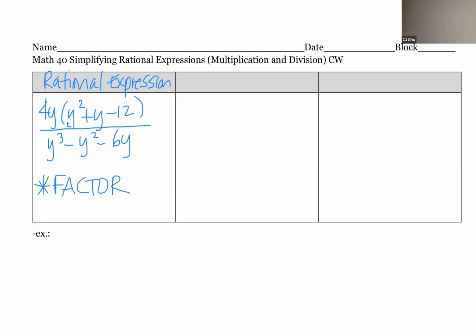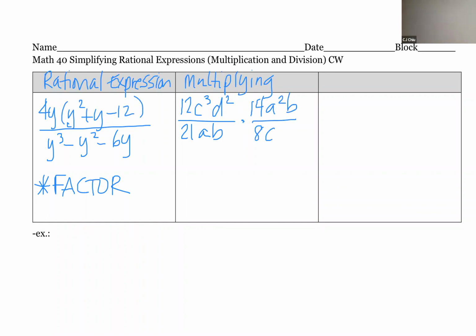Then when you're multiplying, you'll have obviously more than one rational expression. So something like 12c cubed d squared over 21ab on that side times 14a squared b over 8c squared d.